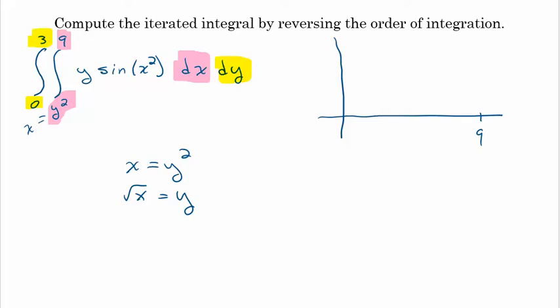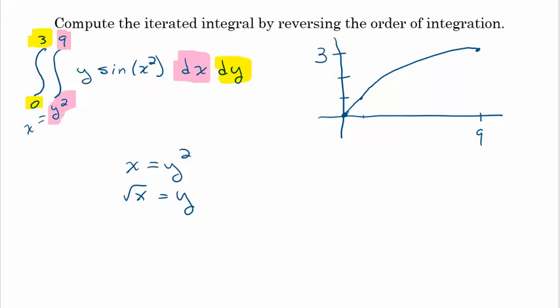And I'm in the first quadrant here because y is going to go from 0 to 3. So if I graph y equals the square root of x, 1 is going to be about 1, the square root of 9 is 3, so it's going to kind of look like this.